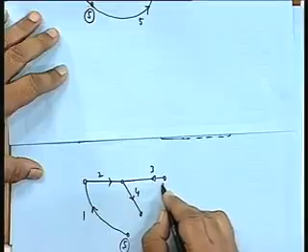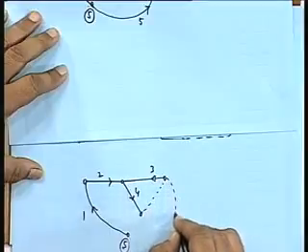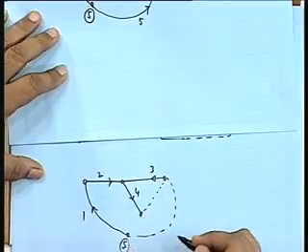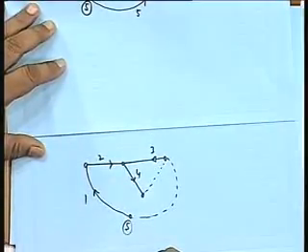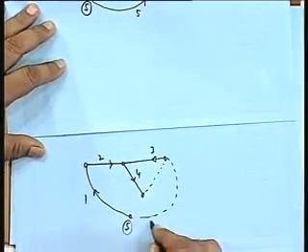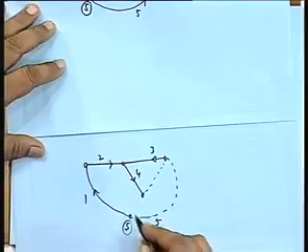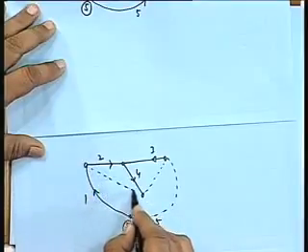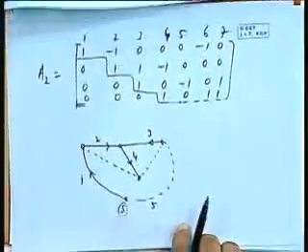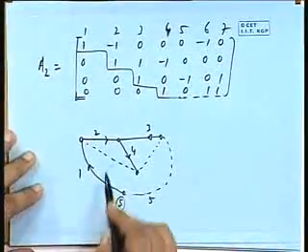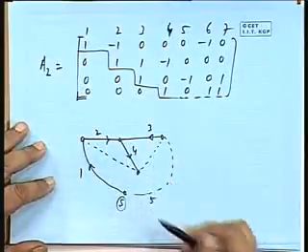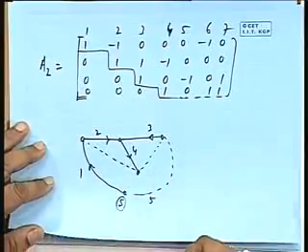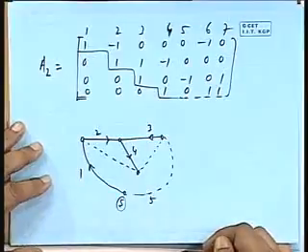Now does it look like a tree? 5, 6, 7. This is element number 5. You see? So this is a possible tree. 1, 2, 3, 4, and 5, 6, 7. They form the links. Is it not?